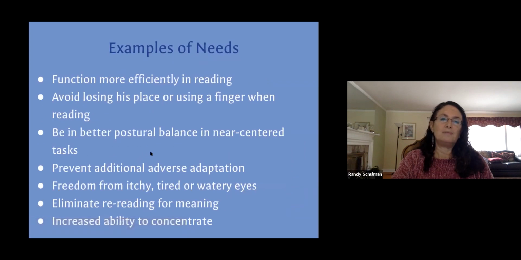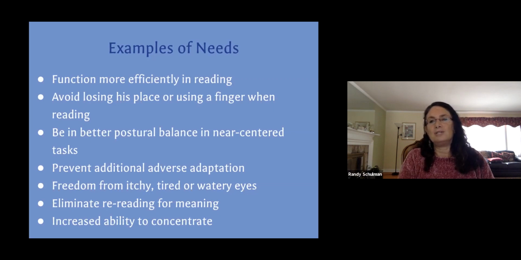Some of the things that we want to share with them is that when we address a visual problem, we can actually improve reading, so they won't lose their place, their posture can be better, and they can feel more comfortable when they're doing a near task, and that we can prevent problems from occurring by addressing things early.